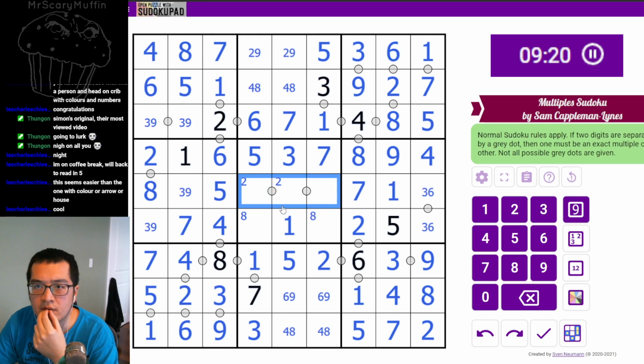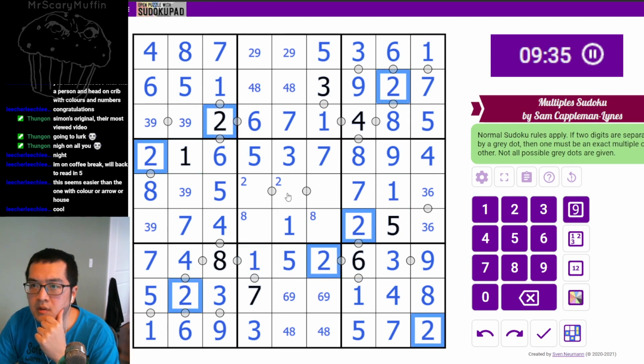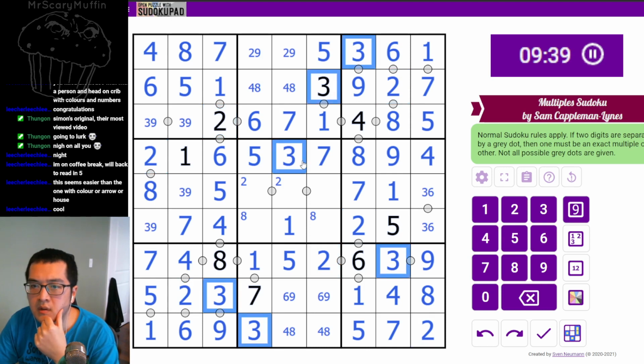I have a feeling I need to figure out these dots. Is it time now to do it? Can I do any more Sudoku? Do your poo poo.